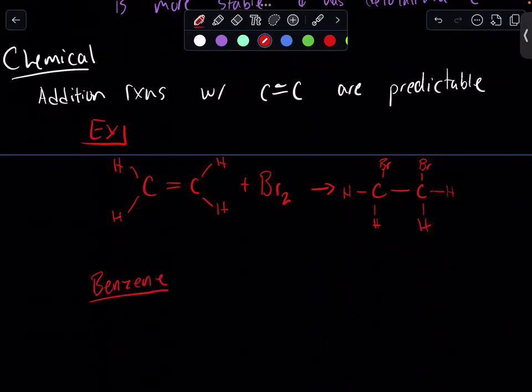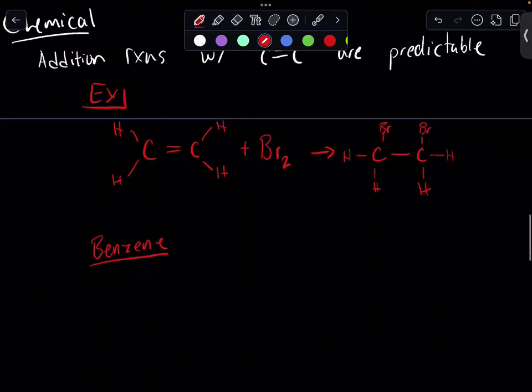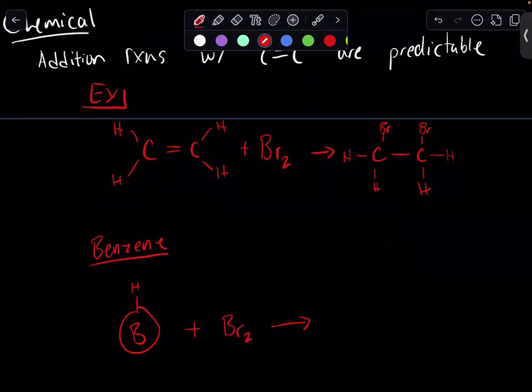does something a little different. Benzene, and right now I'm just going to represent benzene as a B with a circle because I don't want to redraw it every time. If we look at one of its hydrogens and we add bromine to it, what we'll actually get is that bromine will replace the hydrogen, and that hydrogen will then bond with bromine to make HBr.